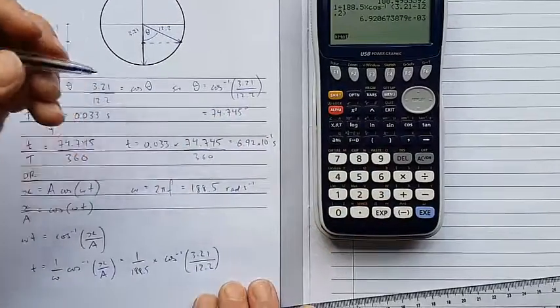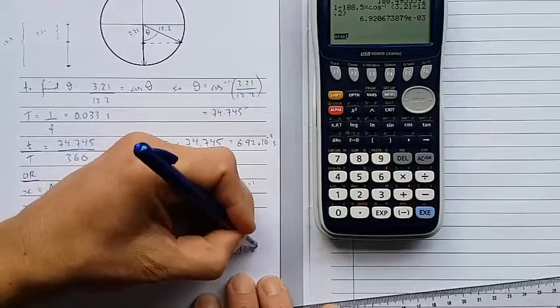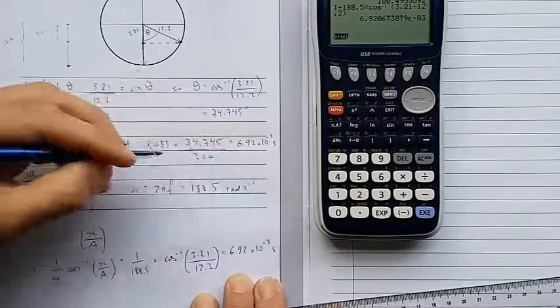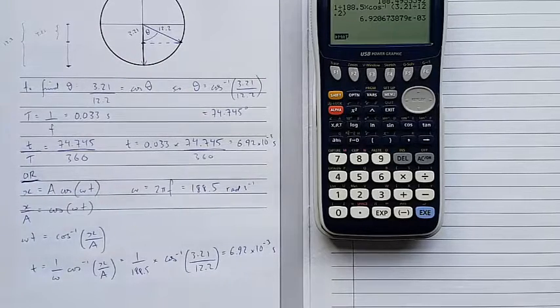Which is 6.92, not surprisingly, times 10 to the minus 3 seconds, which is exactly the same as the other answer. So either method would give you excellence for that question. Cool, so that's it. Any questions, let me know.